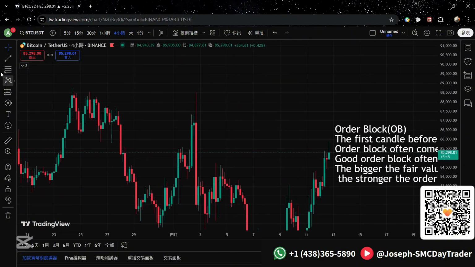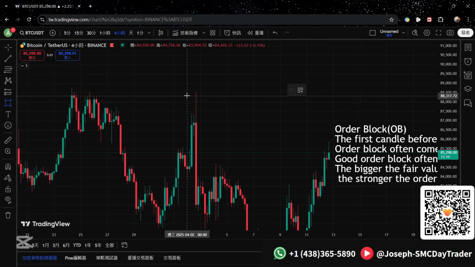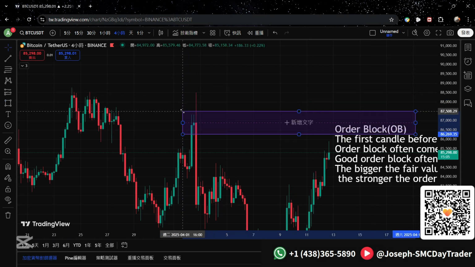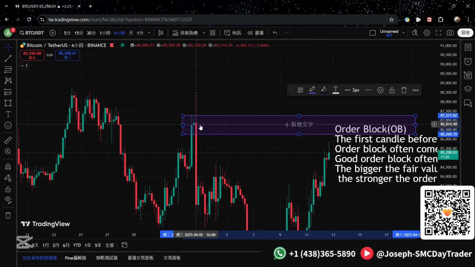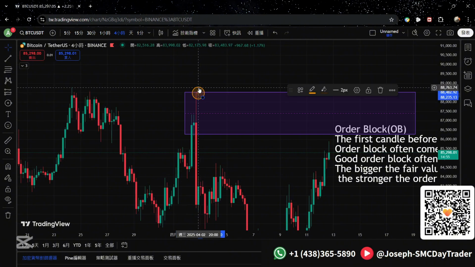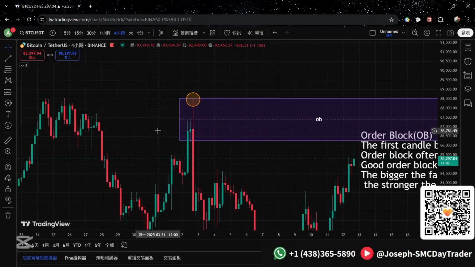So for example here, you can see it recently made an order block. Technically this is the order block because it's the last candle, but because of this high point, I normally count this as an order block too in this range. It's a downtrend order block. And what is a liquidity grab?